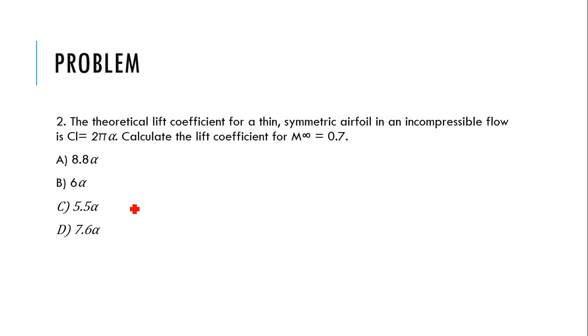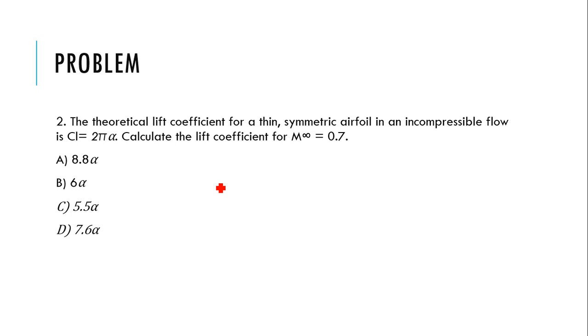Next, we have the theoretical lift coefficient for a thin symmetrical airfoil in incompressible flow, CL equal to 2 pi alpha. Calculate the lift coefficient for M infinity equal to 0.7. How can we calculate this? Same procedure.